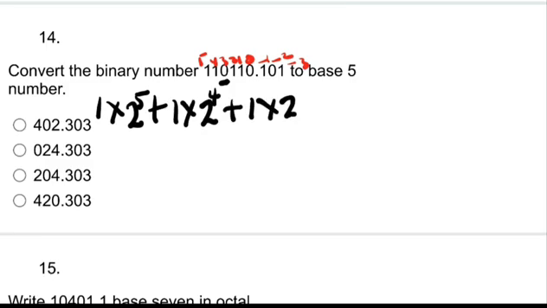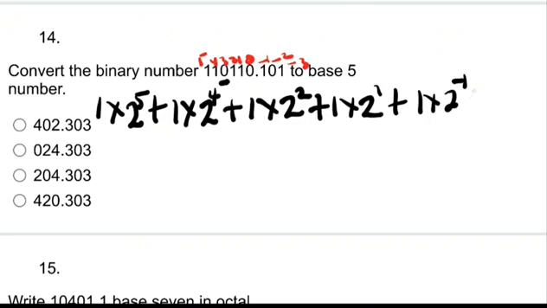Plus 1 times 2 raised to the power 2, plus 1 times 2 raised to the power 1. That's all. Plus this one, 1 times 2 raised to the power minus 1. Plus the last one, I'm not going to consider this 0. Plus 1 times 2 raised to the power minus 3.